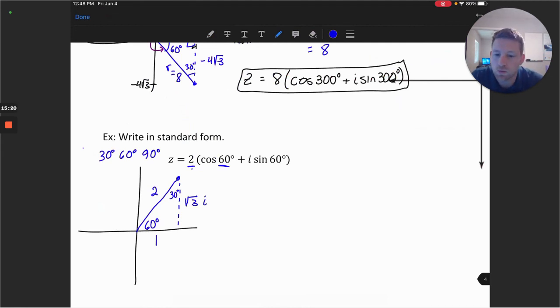So that would be square root of 3i. So when we write this in our standard form, we could say this is z is equal to 1 plus i times the square root of 3. And this would be the final form, again, the standard form of that complex number.